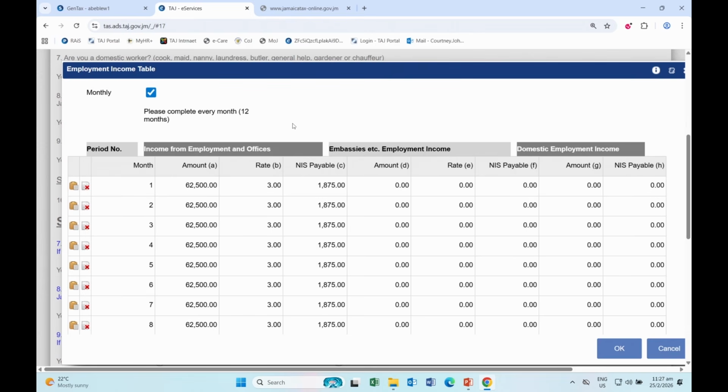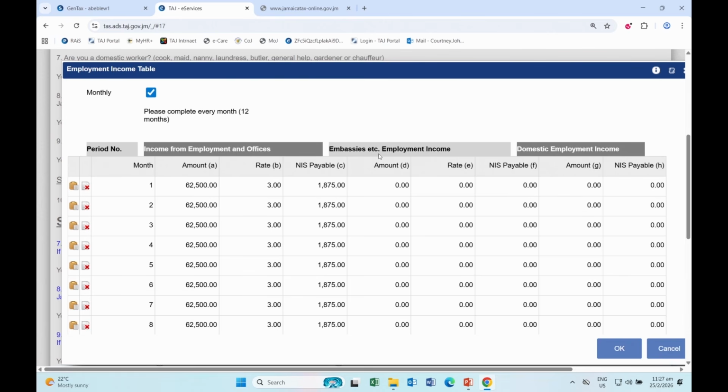Now before I move from here, I wanted to point out something to you, because this schedule sectionalizes the embassy employment contributors and the domestic employed persons. Those contributions are separated from income from employment and offices. So depending on who is completing the form, or depending on where your income was derived from, you'd plug the schedule accordingly.